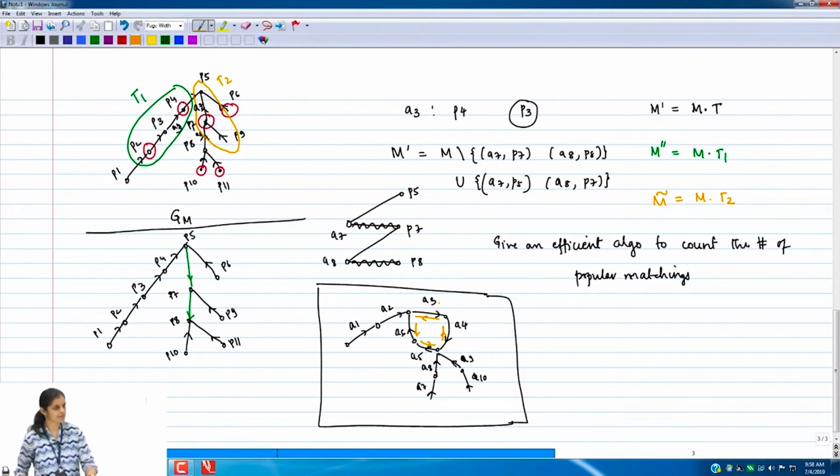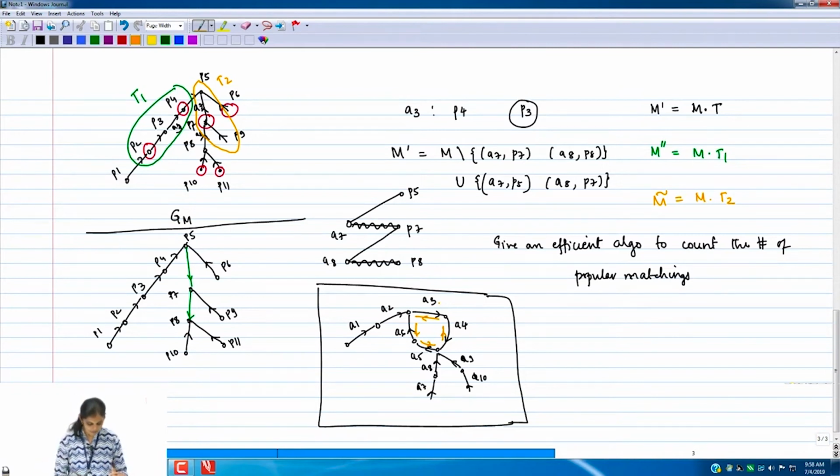What can we say about the applicants in the tree part? So they can always be switched, right? Therefore, all of these are AFS applicants.